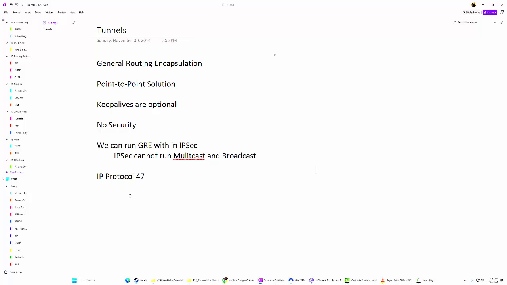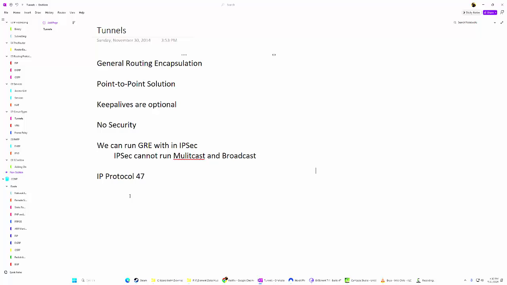Now you have to do it on both sides, by the way. You can't encrypt traffic and expect another router that's not configured for encryption to decrypt it. It's not going to work. So both sides of your tunnels need to be set up for encryption, and that is your security right there. So generic routing encapsulation, or GRE, by default has no security, but you can add it. I don't like that statement, but I put it there, so we had to address it.